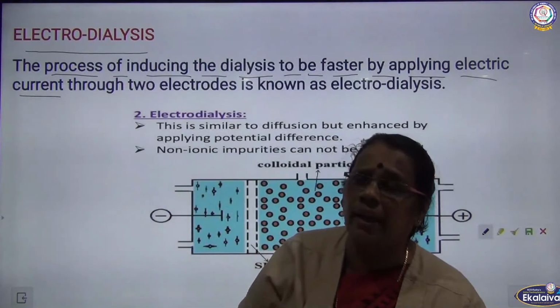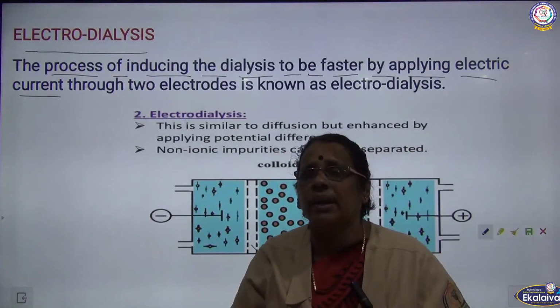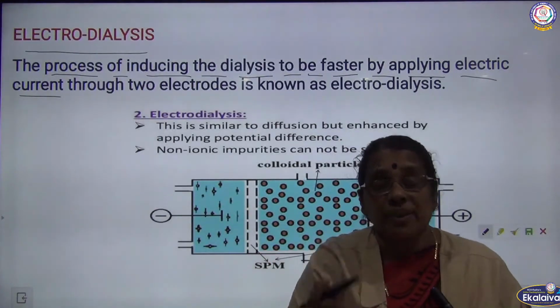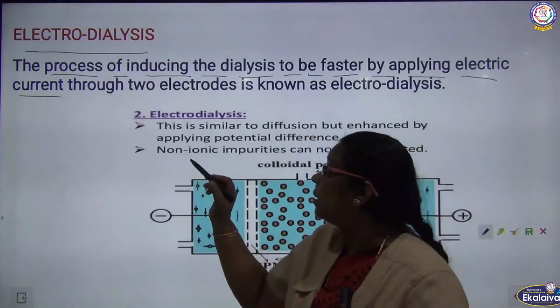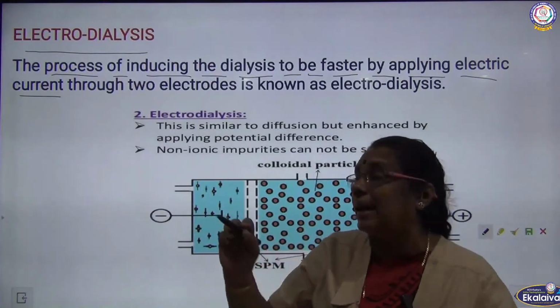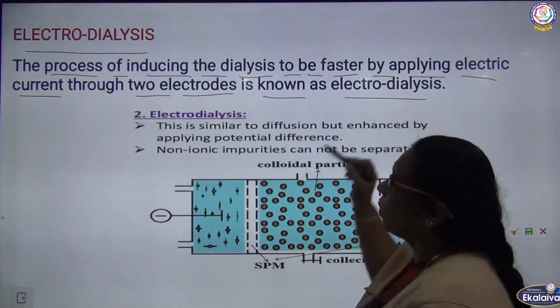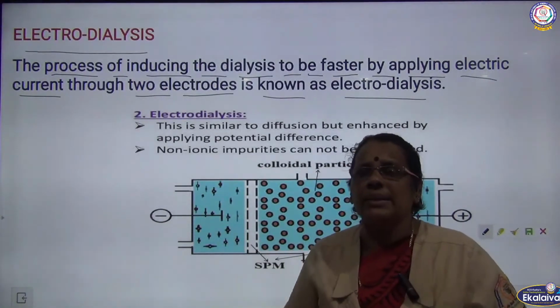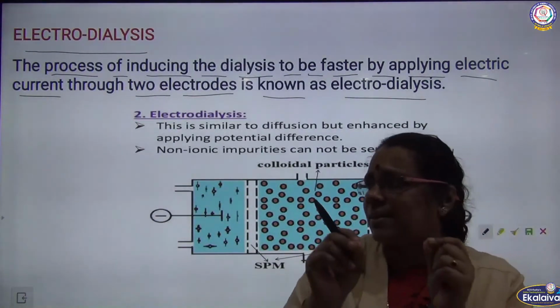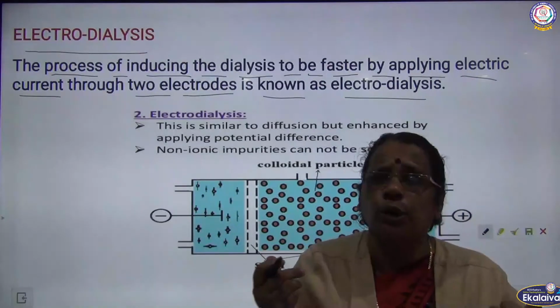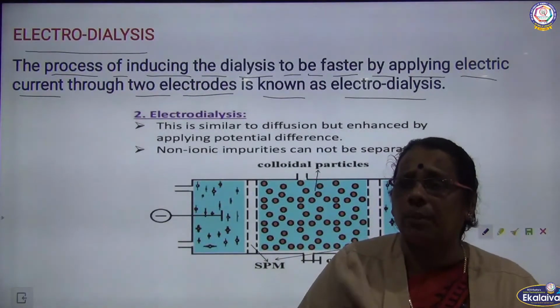So we can quickly remove the impurities which are present as ions in the colloidal solution. By passing electric current through two electrodes, we call it electrodialysis. By passing electric current which induces the process of dialysis, we remove the impurities present in it.